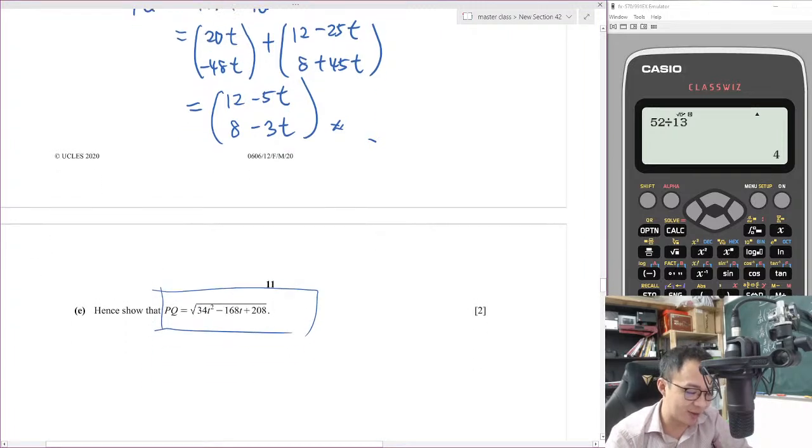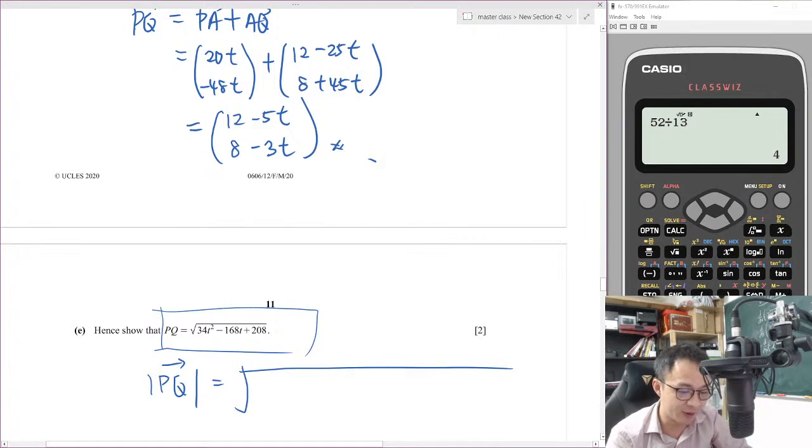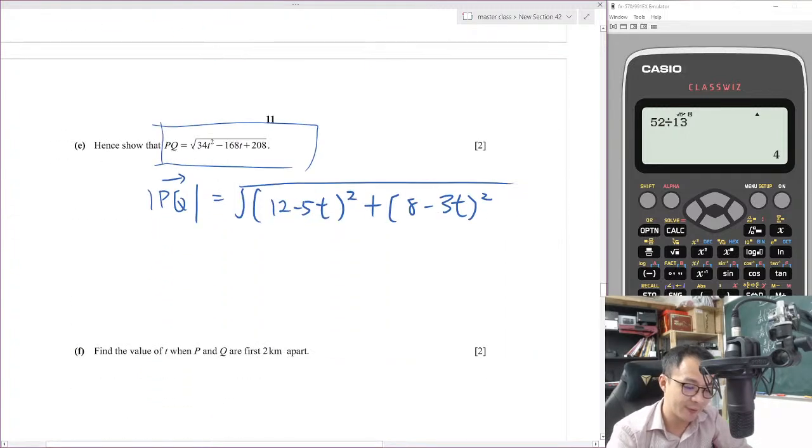So I need to find the distance, which is the magnitude of PQ. It's just the square root of x squared plus y squared, isn't it? The top will be x, the bottom will be y. So it's 12 minus 5t squared plus 8 minus 3t squared.